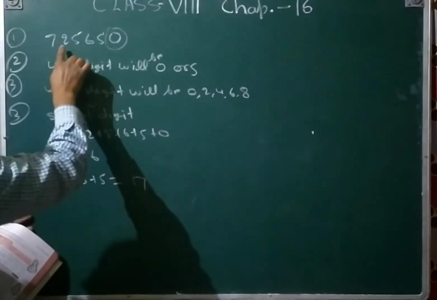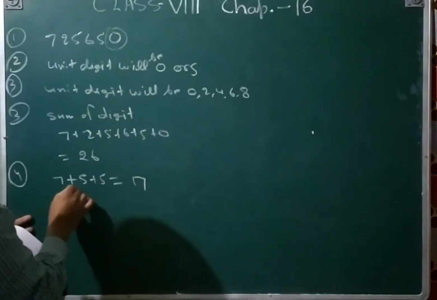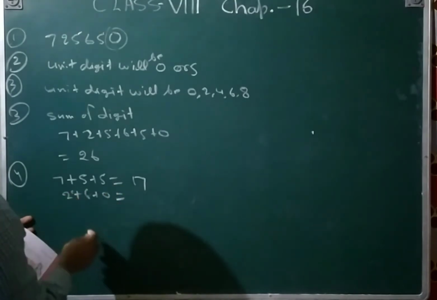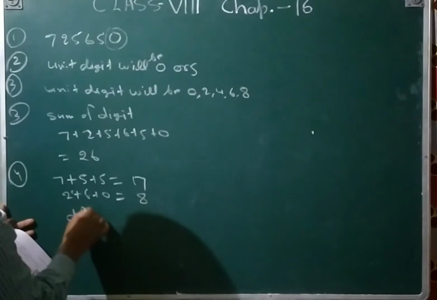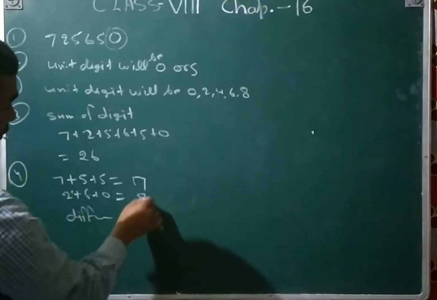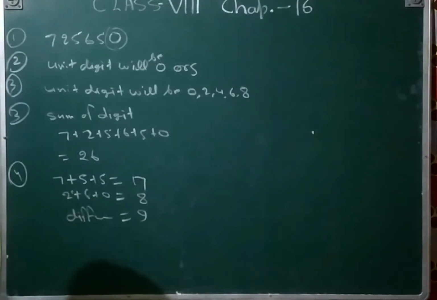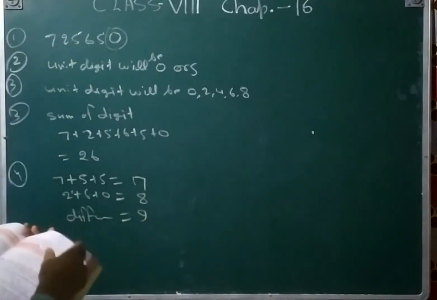Then the even places: 2 plus 6 plus 0 is equal to 8. Then the difference is equal to 9. 9 is not divisible by 11, so this number is also not divisible by 11.